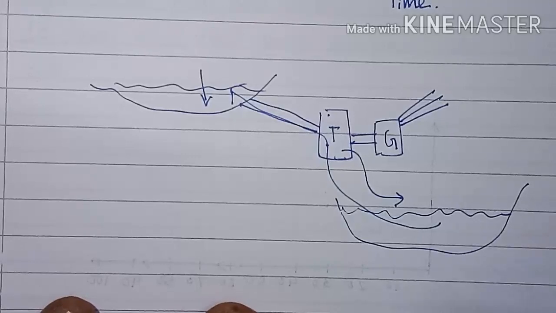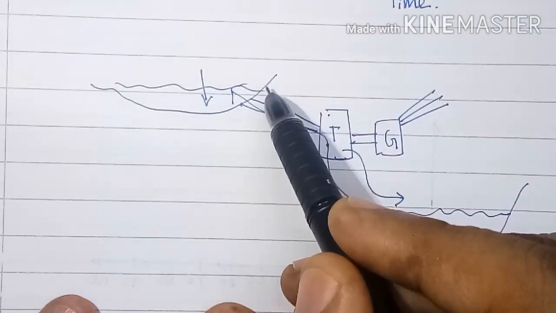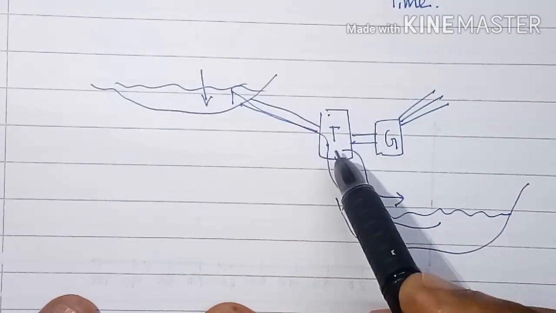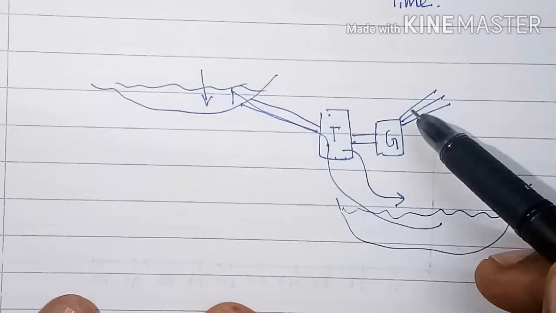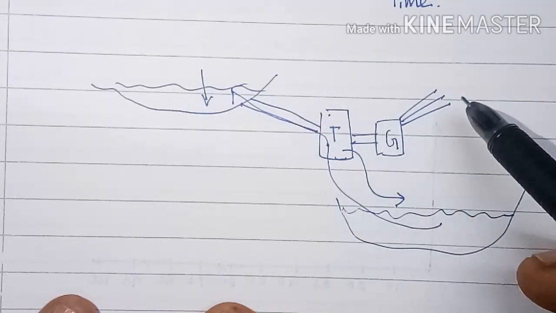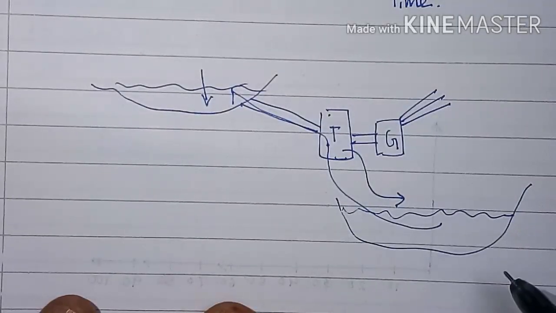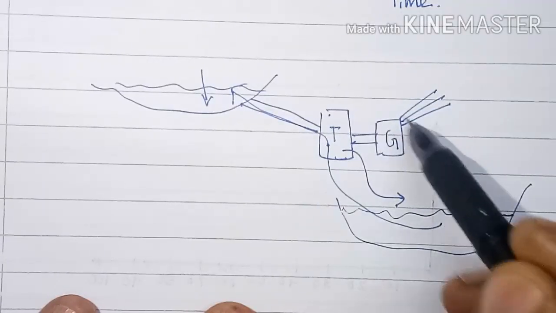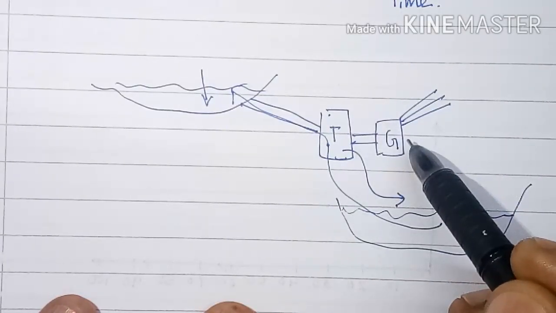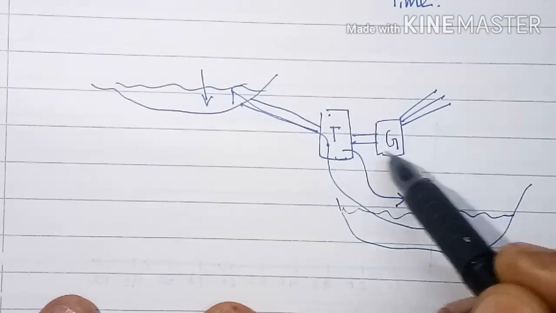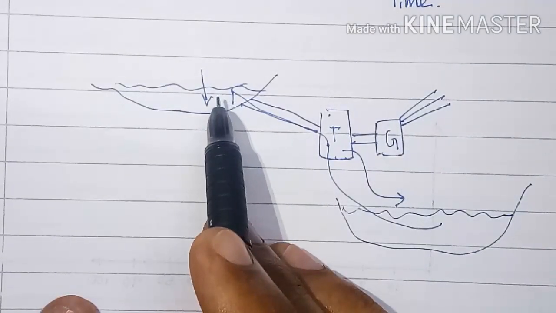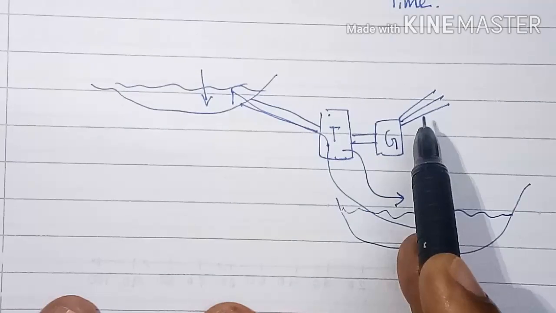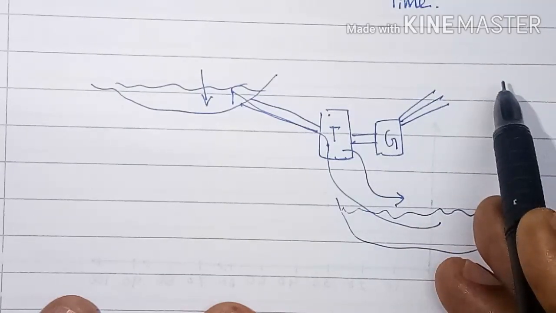Now look at this diagram. Here is a reservoir, here is water outlet, turbine and generator, conductors for supplying load, and here is another reservoir. See, this generator is peak load plant now. It operates for only small duration of time in a day. So when it operates, it will take water from this reservoir, generate power and give it to the consumers.